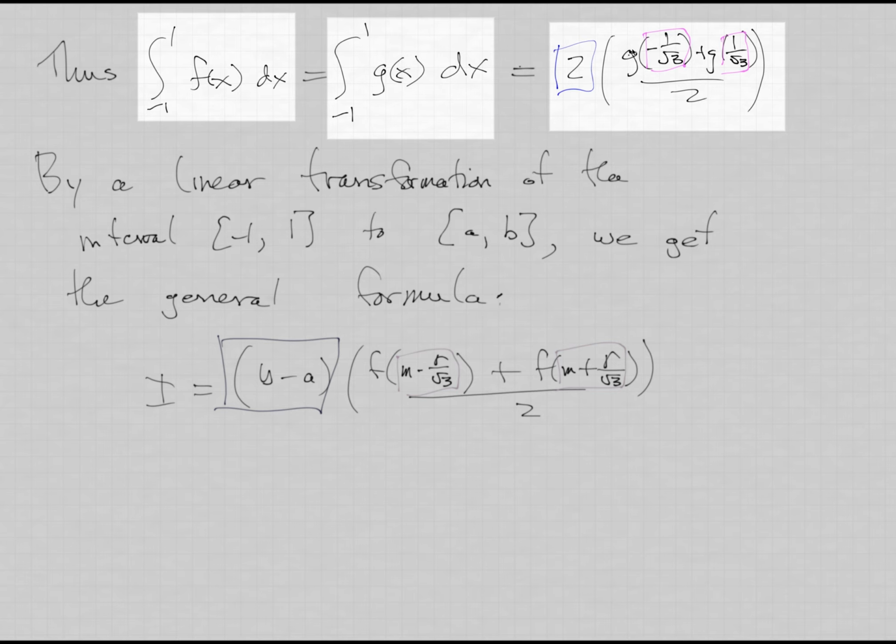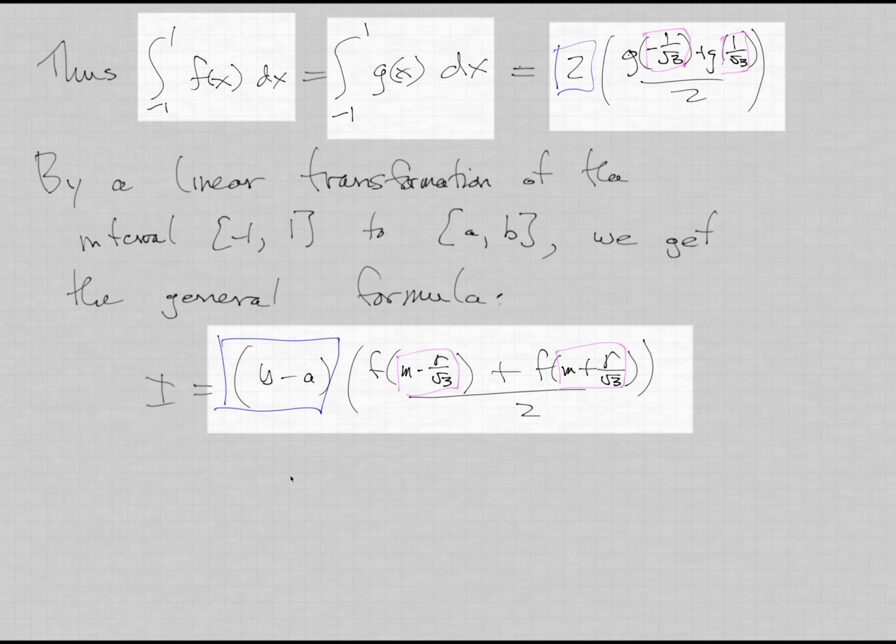So this gives us a formula for evaluating the integral of a function without actually doing any calculus, right? As long as it's a low degree polynomial, no greater than cubic, we just sample the value of the function at these 2 points, average them, and multiply by the length of the interval. And in fact, that formula generalizes very nicely.